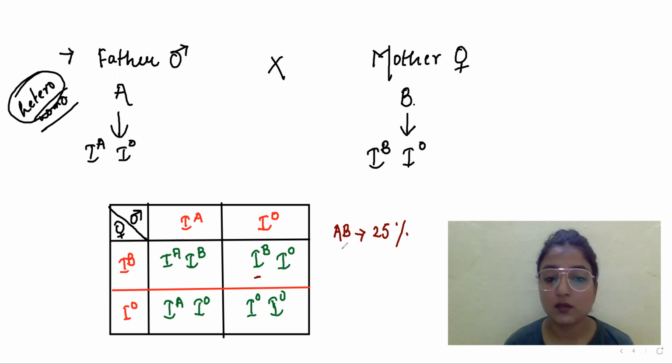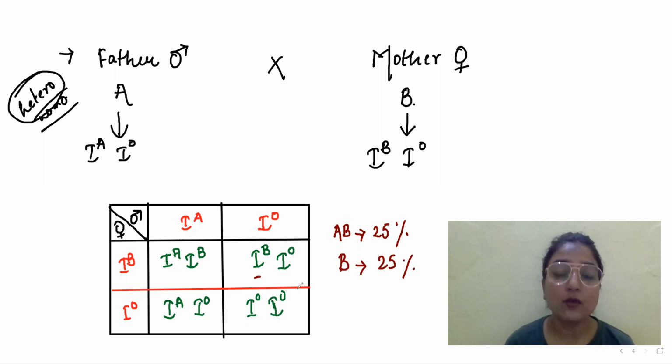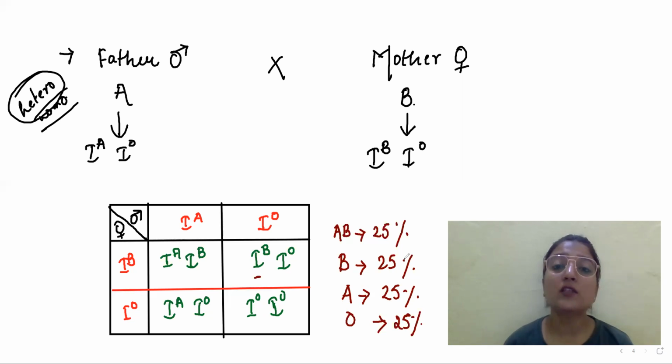Then you get B blood group, again 25%. Here IAIO is again A blood group, 25%, and this is O blood group, again 25%. So the possible phenotypes of the offspring are AB, B, A and O, and all of these are 25%.